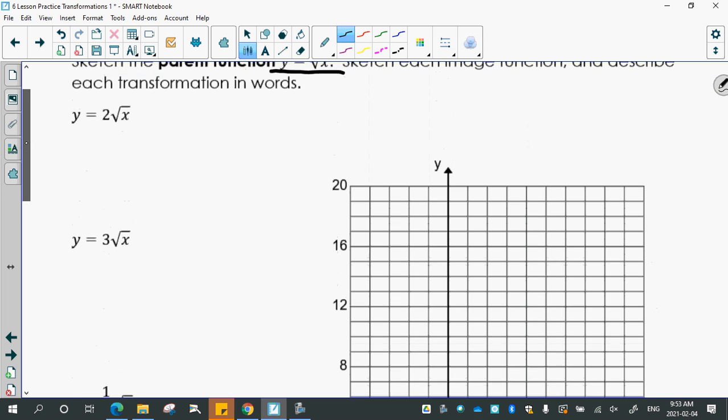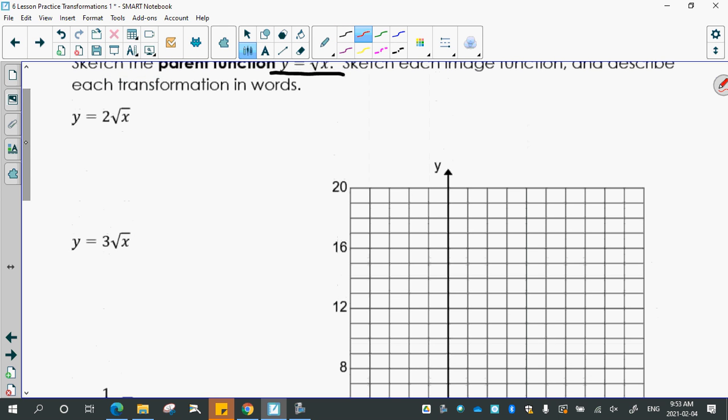Okay, so the first image we want to draw is y equals 2 times the square root of x. The 2 up front means multiply. Any ideas what it would look like? Okay, we'll go to Desmos and look and see what it looks like. I'll put them both on.